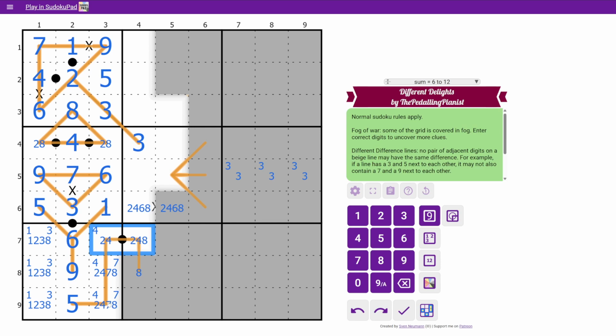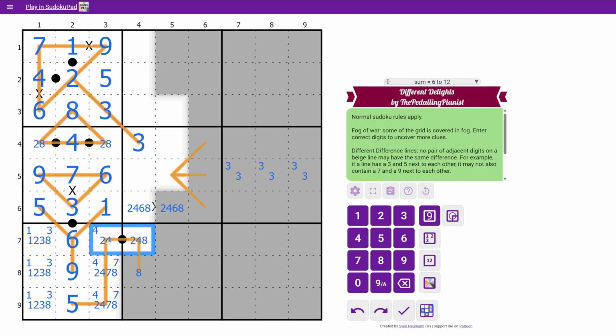Which I don't think would work, because it would be 8 down here and 7 there, which would be 2 3 differences. So it would have to be 7 down here, which is a 2 difference, and an 8 here, which is a 4 difference, same as here.